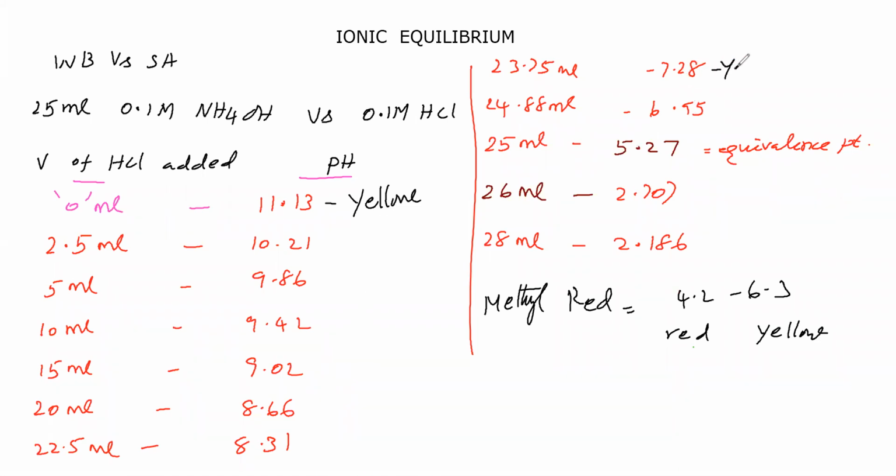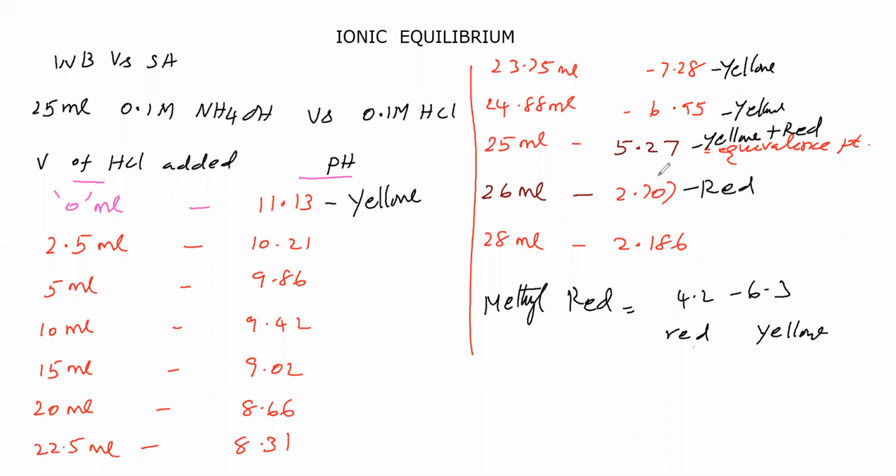Here also yellow color. Here yellow color will not be there; yellow plus red will be there. Here it is red. Therefore, we can use this methyl red to find the endpoint. Using the endpoint, we can use this methyl red indicator.